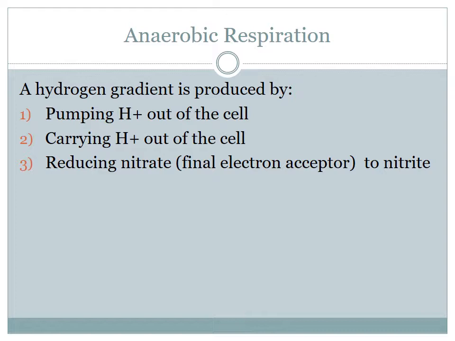It's just right there, outside the cell. To get back into the cell, it goes through ATP synthase, converting ADP into ATP. Sort of all goes in like that. Does that make sense? You can do that without oxygen.